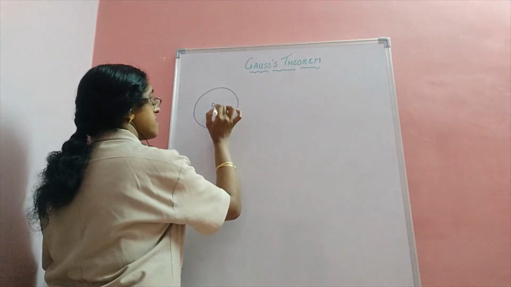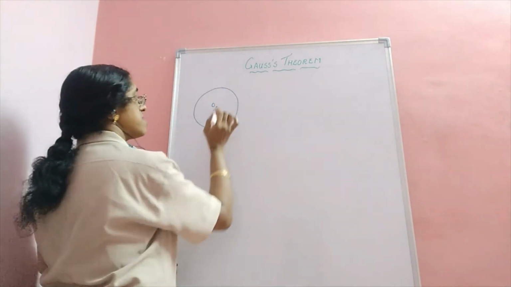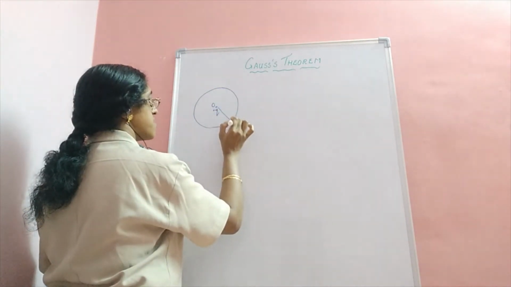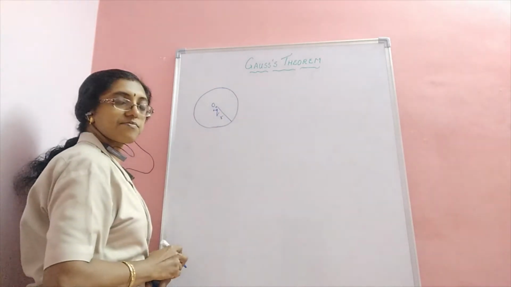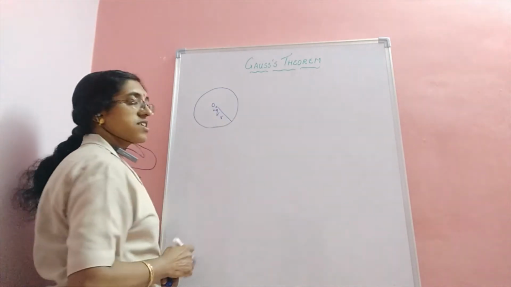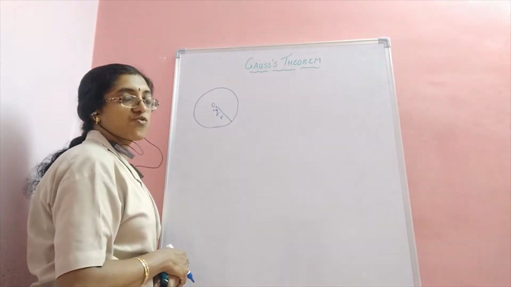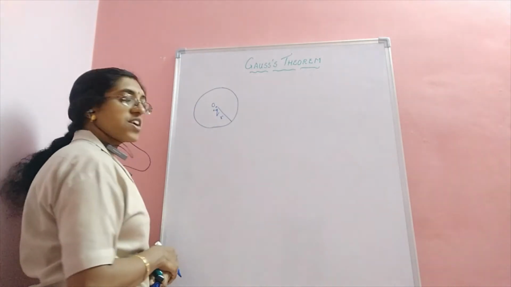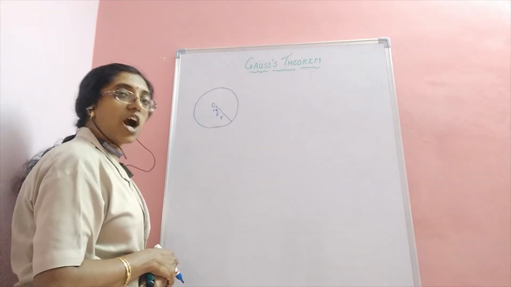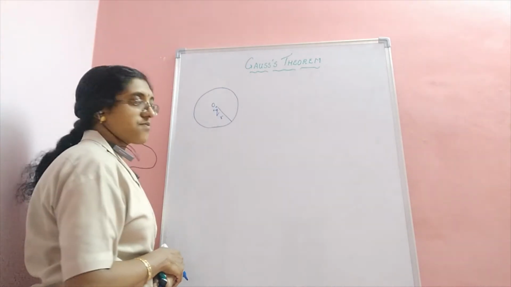As it is a positive charge, let me consider that the radius of this sphere is R. As it is a positive charge at the center of the sphere, the electric field lines would be moving outward, normal to the surface.